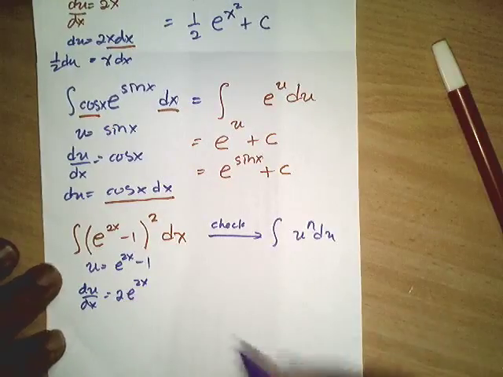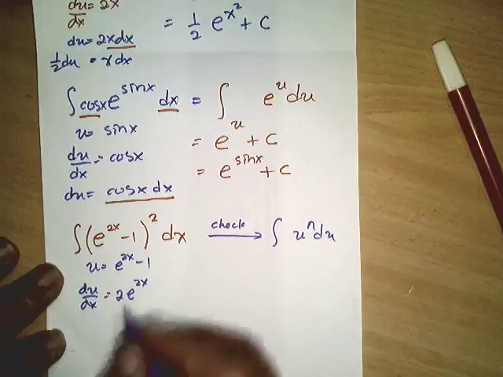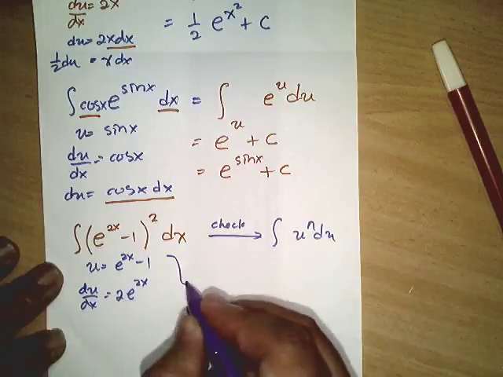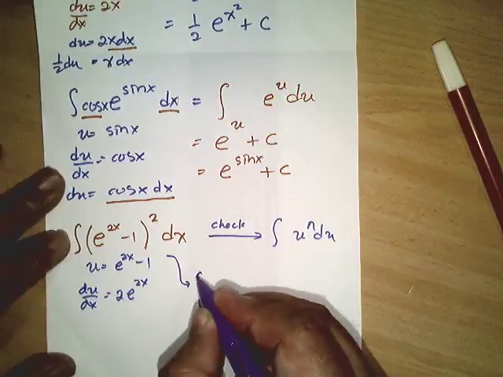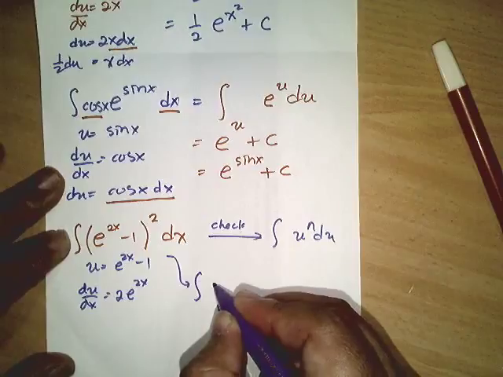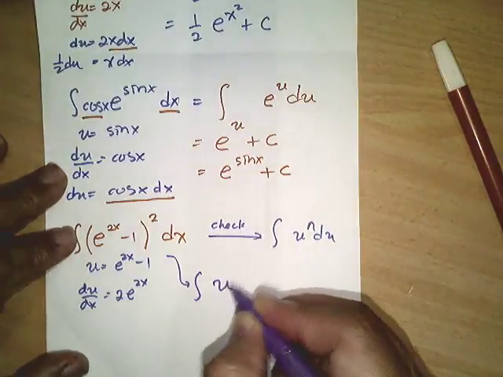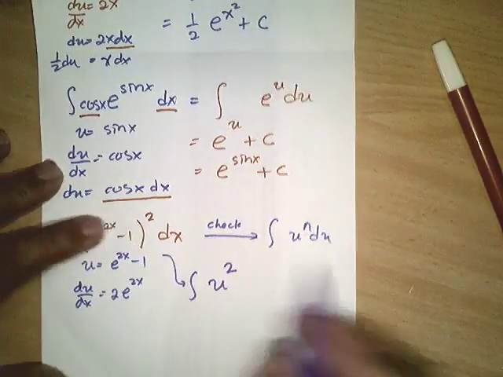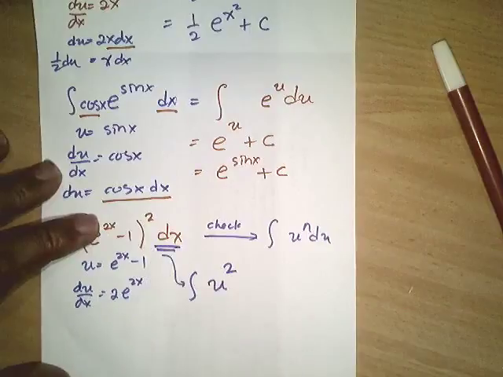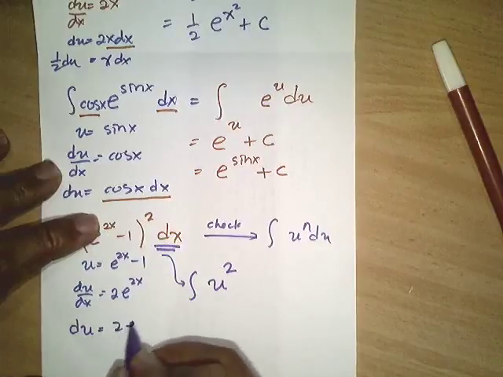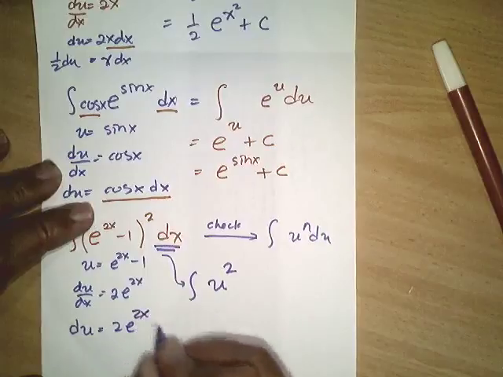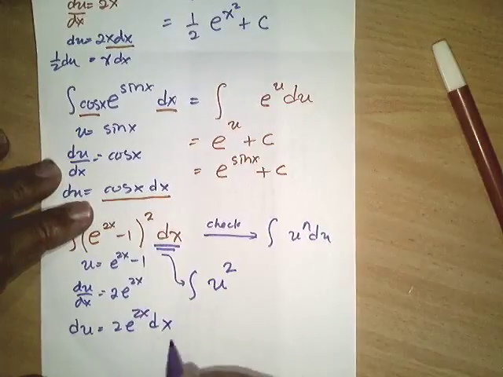So when you use the substitution now, just copy that integral. This is going to be your u, that's going to be raised to the 2. You need an expression for dx. So from here, your du is 2e to the 2x dx. You only need an expression for dx.